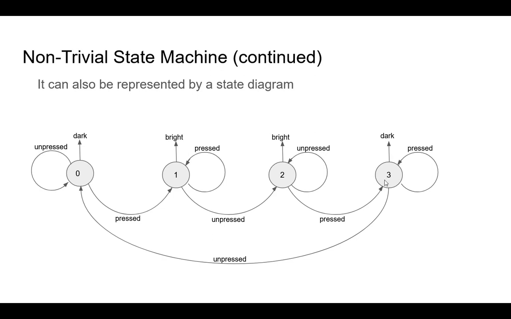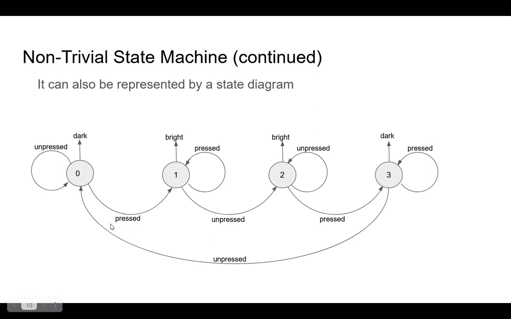There are two outputs, dark or bright, and each of these states determines whether the light is dark or bright. And then there's the input, which is that the switch is unpressed or the switch is pressed. So this is exactly the situation we had before. It's just going to give us a different behavior in the way the light turns on and off.